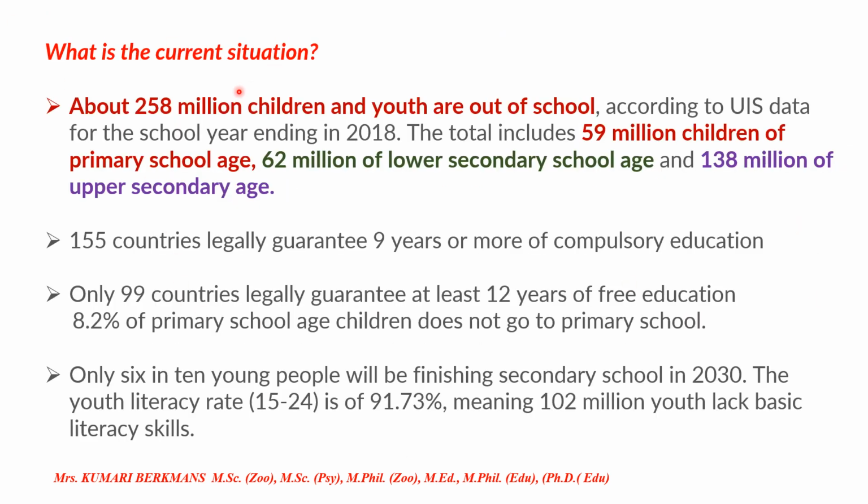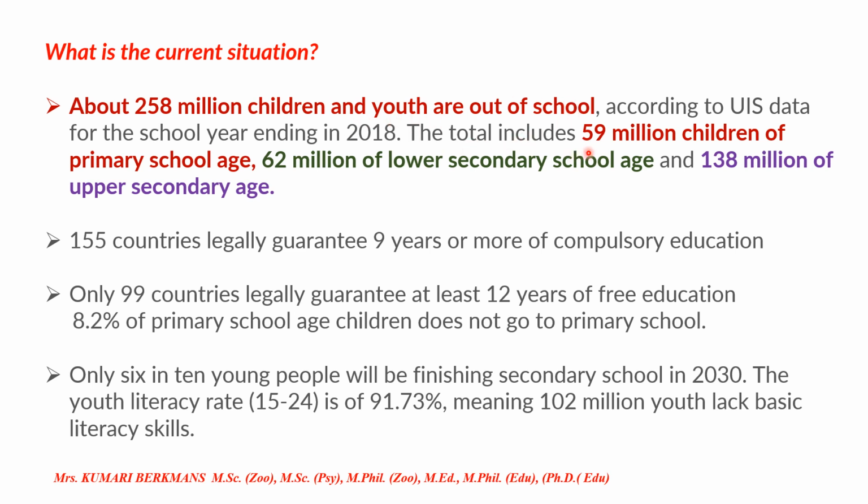What is the current situation? Let us see now. About 258 million children and youth are out of school, according to UIS data, for the school year ending in 2018. In the sense, 258 million children as well as youth are out of school.